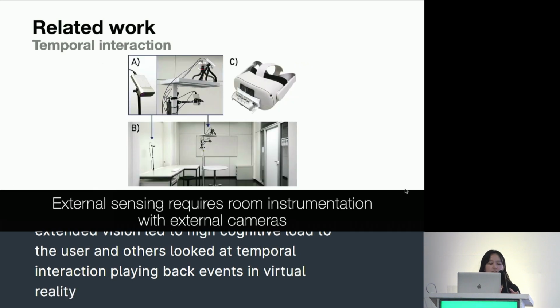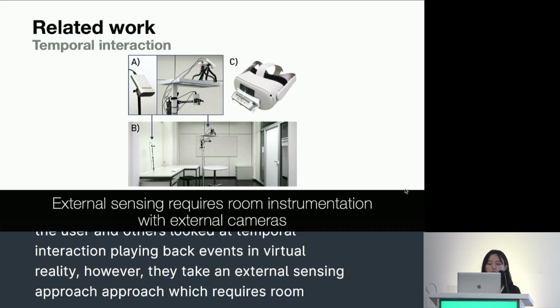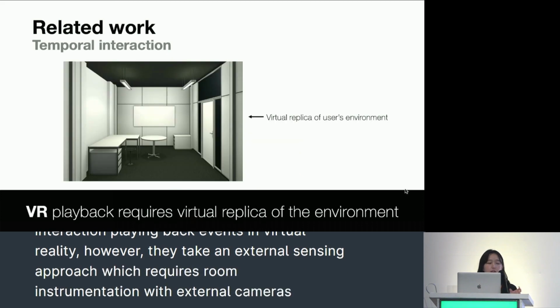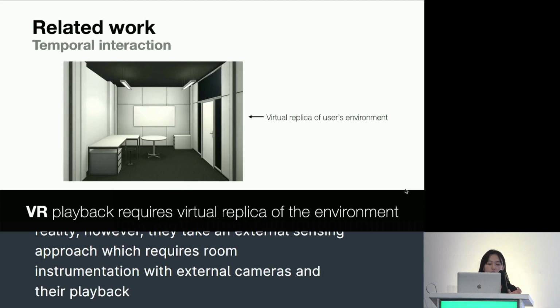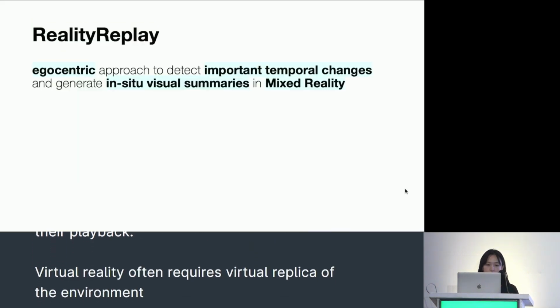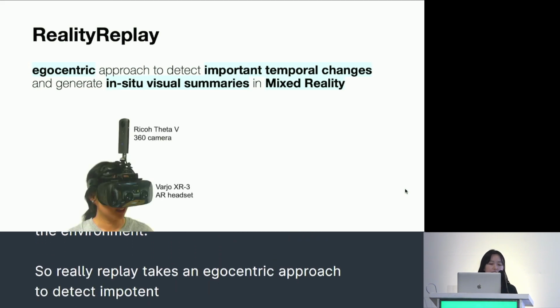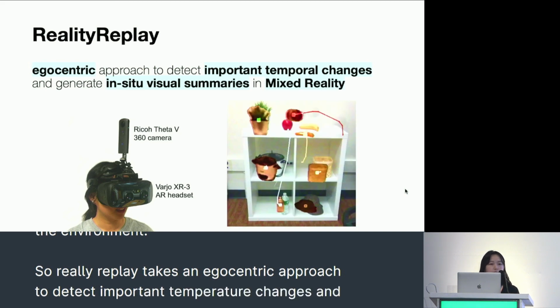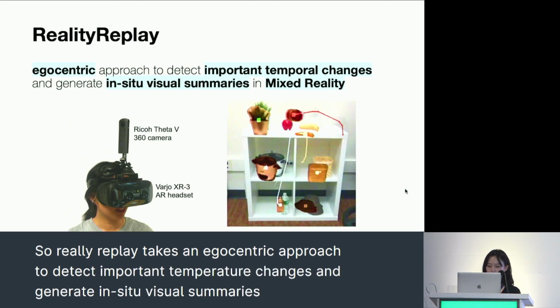However, they take an external sensing approach, which requires room instrumentation with external cameras, and their playback in virtual reality often requires virtual replica of the environment. So RealityReplay takes an egocentric approach to detect important temporal changes and generate in-situ visual summaries through mixed reality.